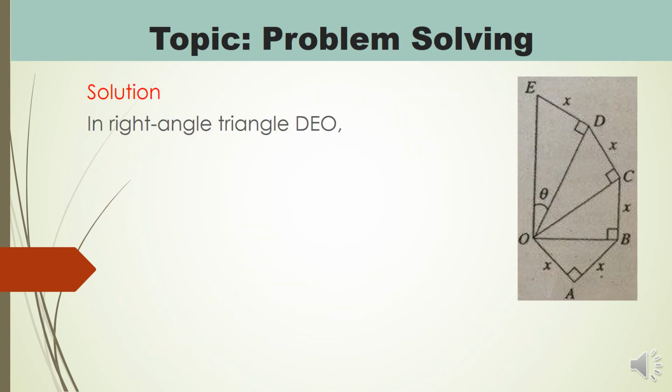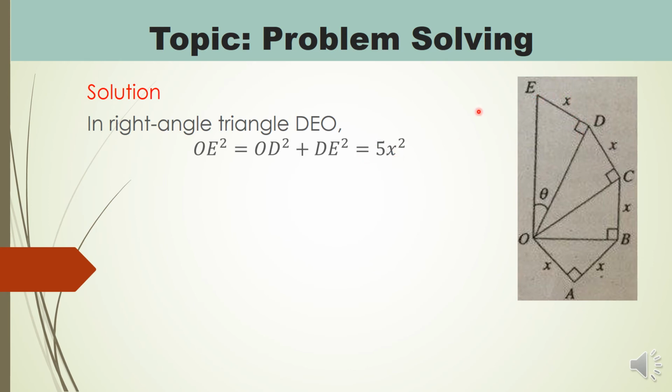Next, look at the last right angle triangle. To find OE square, you take OD square plus DE square. OD square is 4h square and DE square is h square, so the sum is 5h square.